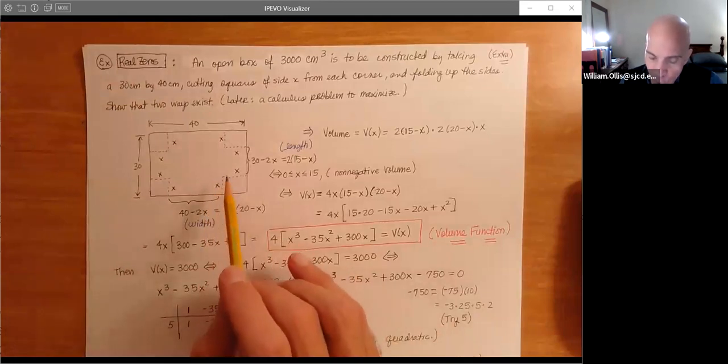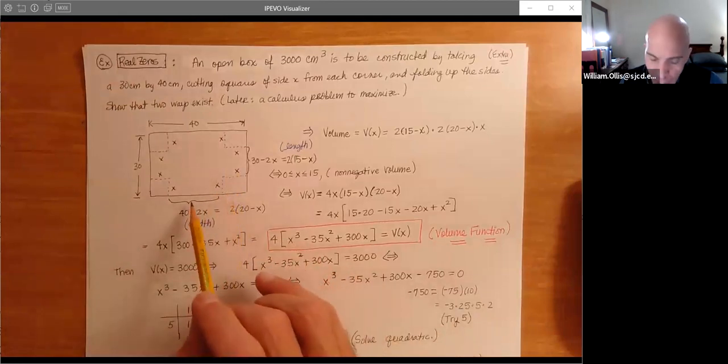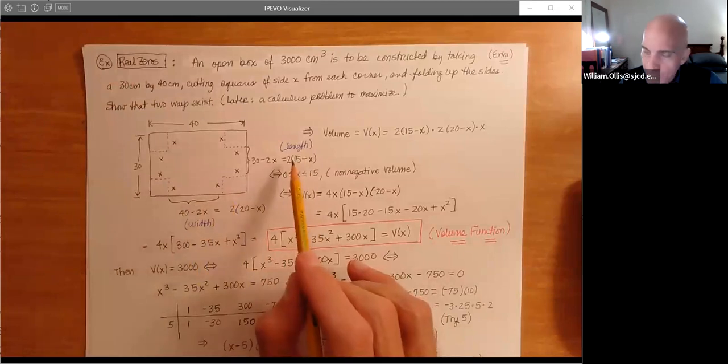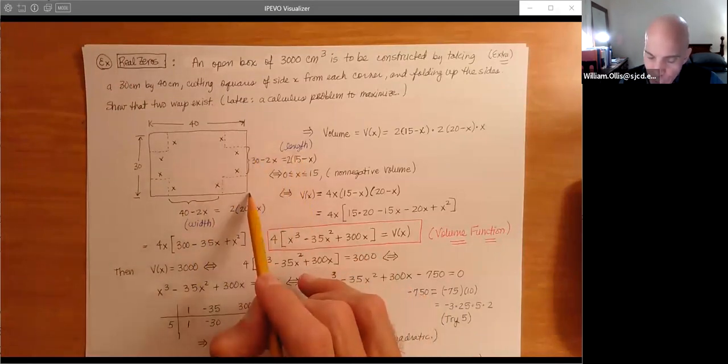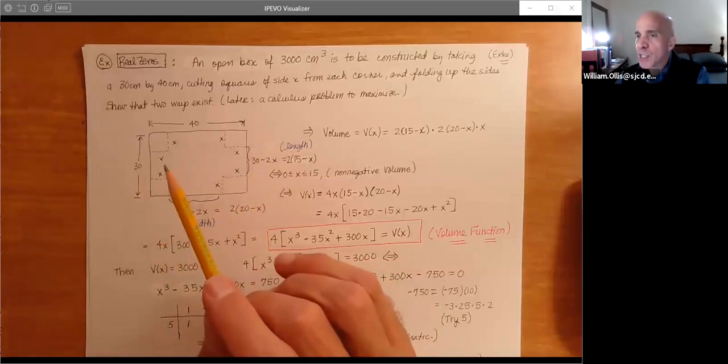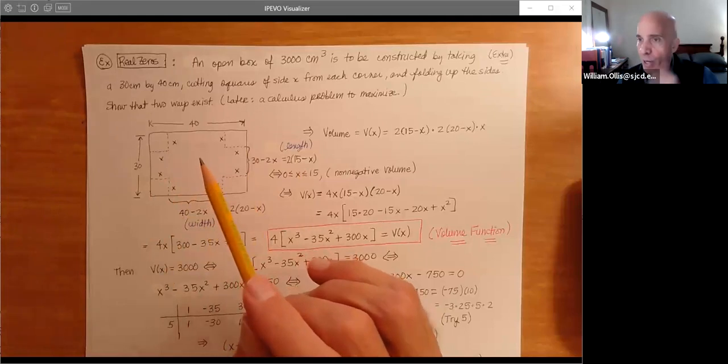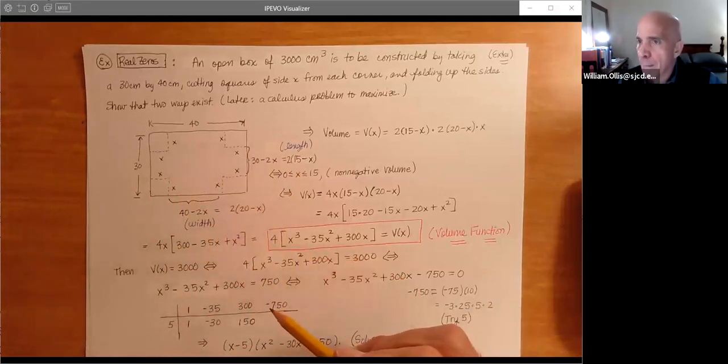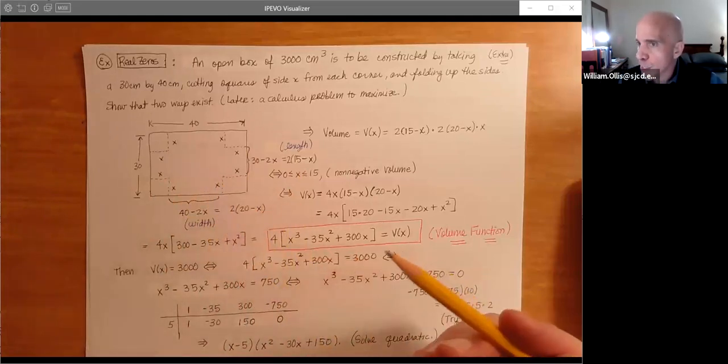So the idea is when you flip everything up, you're thinking, okay, what does that leave? Now, the WebAssign did kind of insist on this being the length side and this being the width side, just so that when you actually type your answers, you're in the correct box. That really doesn't matter, but it's good just to specify.